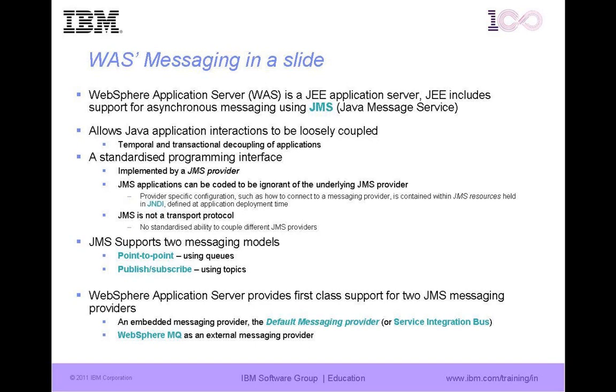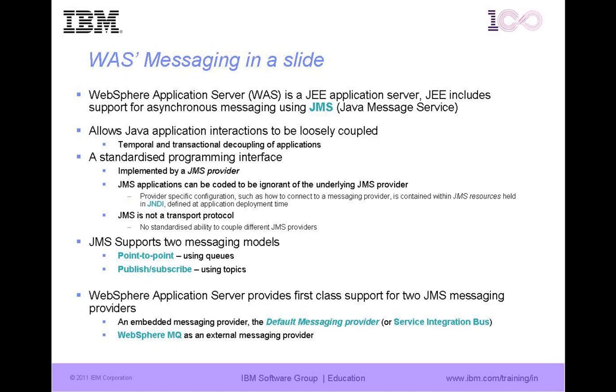What JMS means is that it allows your applications to be loosely coupled without having to be bothered about where the application is running or whether the application is running, but directly send and receive messages without knowing each other.